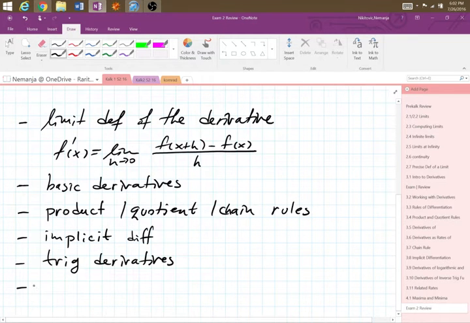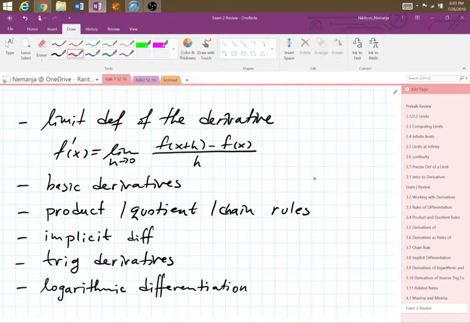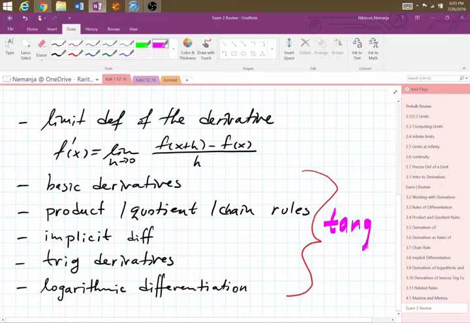There is logarithmic differentiation. And the most important thing is that for all of these, all of them, I'm not going to exaggerate, I'm just going to write it this way: tangent.